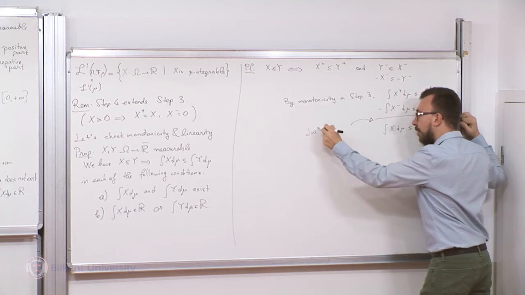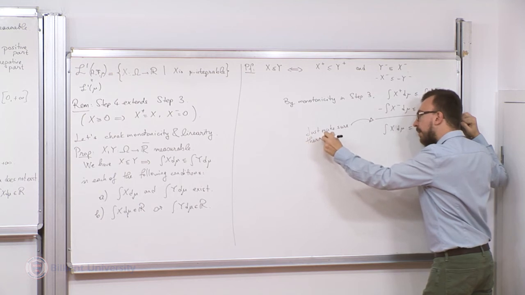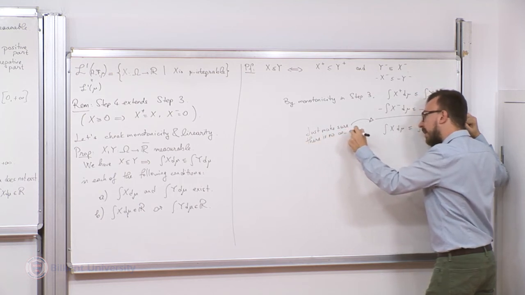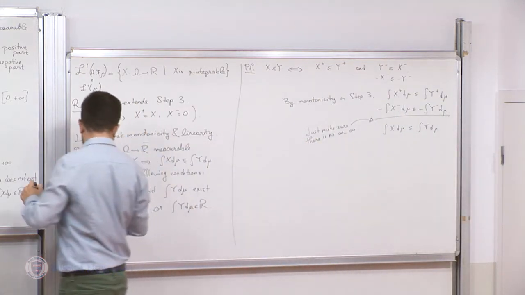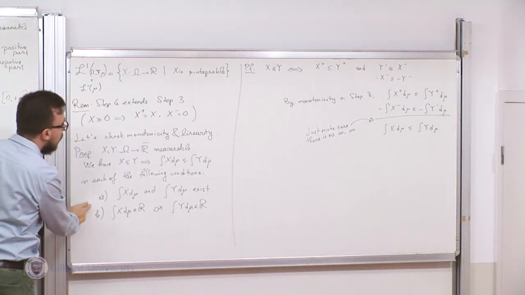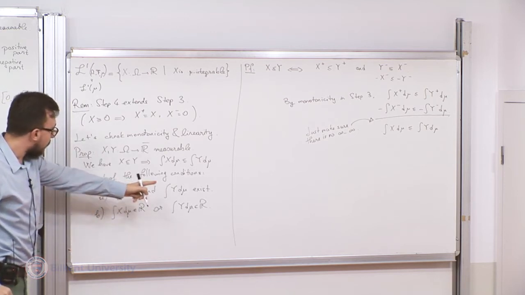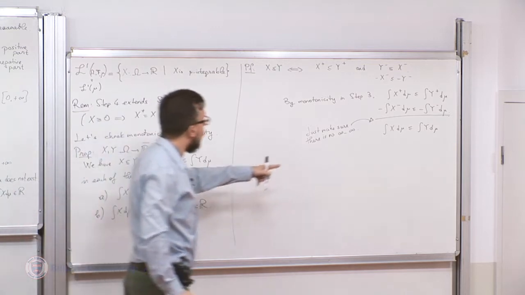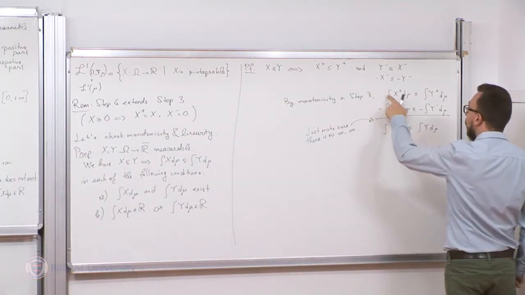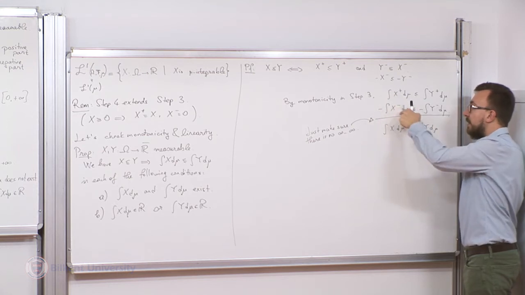Just make sure there is no infinity minus infinity. And you don't have infinity minus infinity in those cases A and B. So if you look at A, the integrals of x d mu and y d mu exist. If the integral of x d mu exists, this means what? This and this cannot be plus infinity at the same time. One of them is finite.